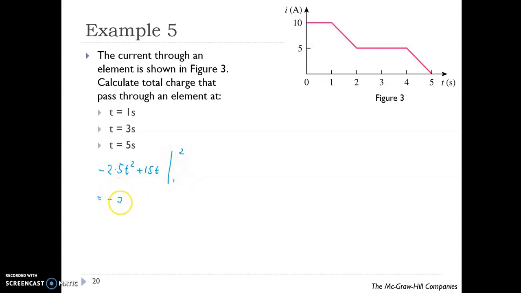So minus 2.5 times 2 squared, which is 4, plus 15 times 2, minus 2.5 times 1 plus 15. This part becomes 12.5 and this part becomes 20. So 20 minus 12.5 is 7.5.